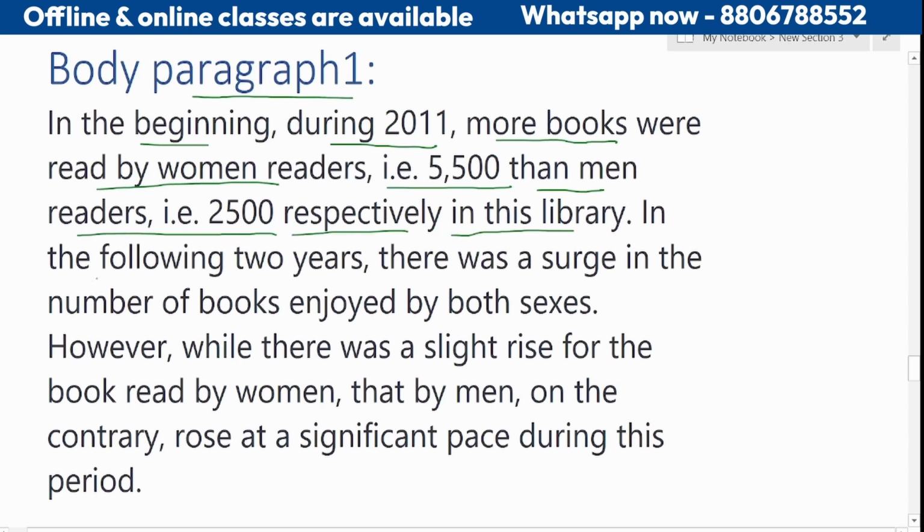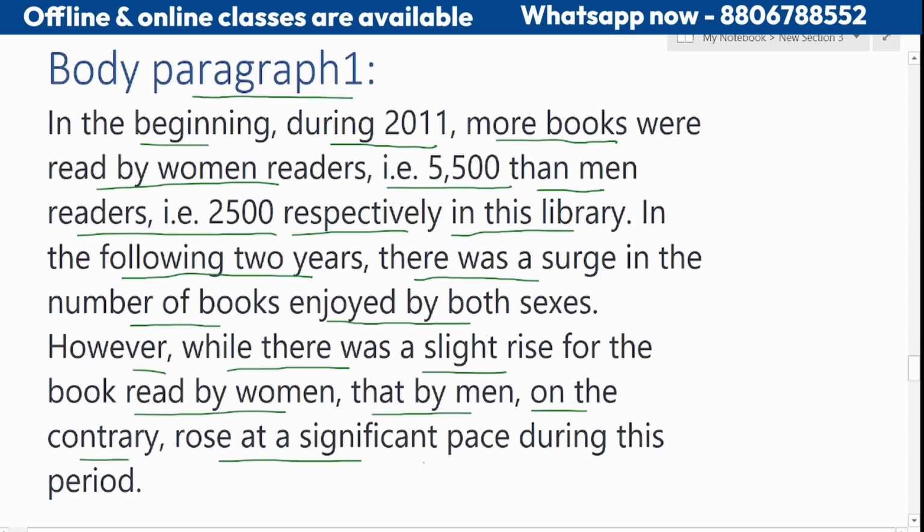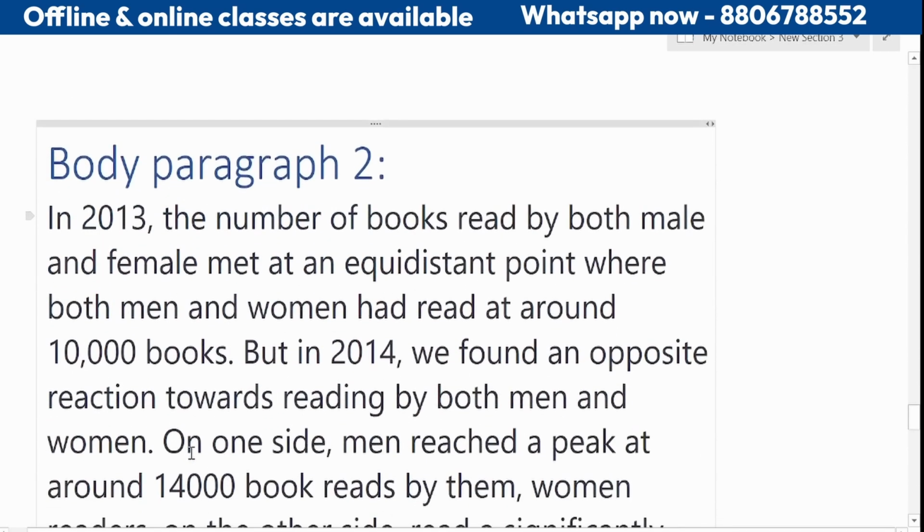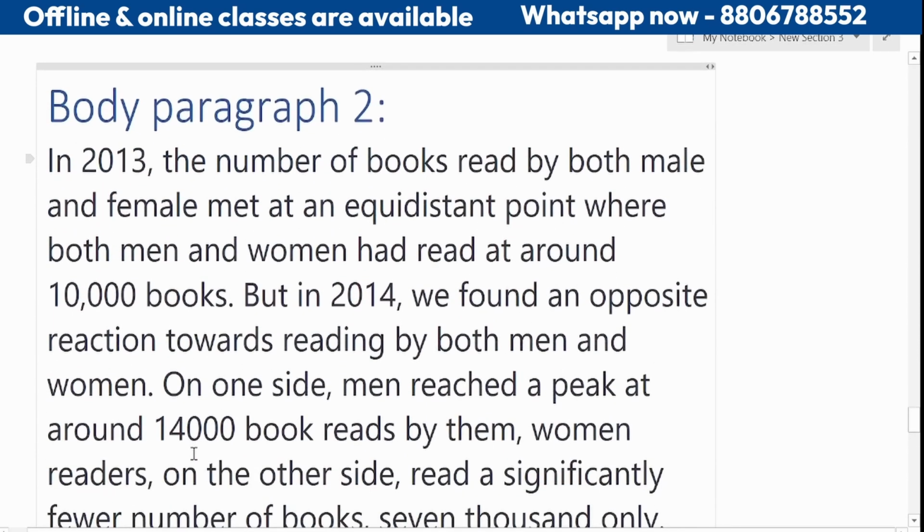In the following 2 years, there was a surge in the number of books enjoyed by both sexes. However, while there was a slight rise for the books read by women, that by men, on the contrary, rose at a significant pace during this period. So here it makes your first paragraph, that is the first half of the information. You can make comparisons wherever it is required.